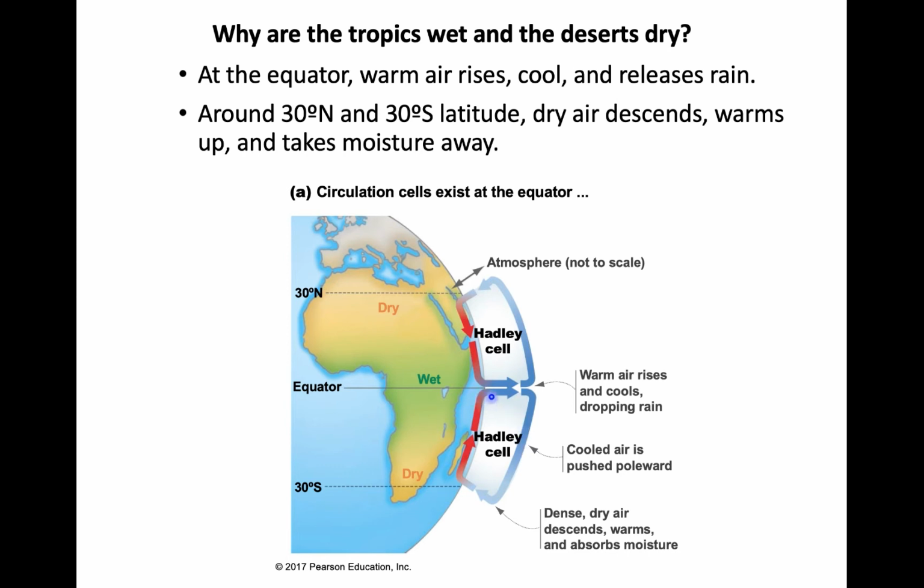So that's why you get warm, wet climates near the equator and dry, desert-like environments near about 30 degrees north and south. And so that fact that you get wet climates near the equator and dry climates at 30 degrees north and south is a consequence of the angle that sunlight hits the Earth and the fact that the Earth is rotating.